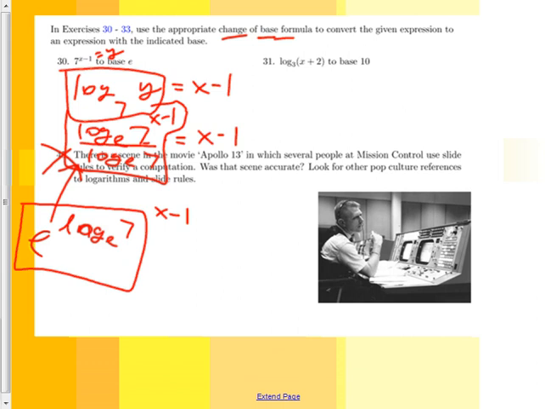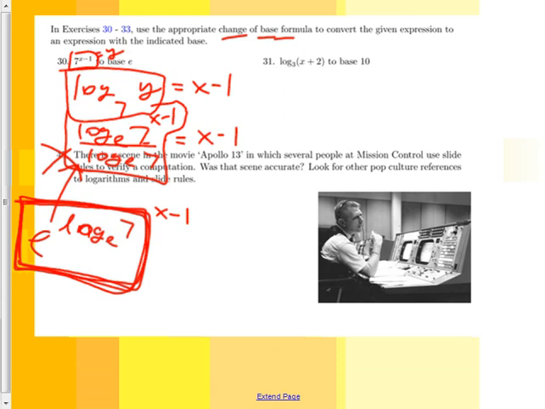Do you get what's in the box? What's in the box? 7's in the box. That's equal to 7, right? So 7 to the x minus 1. That's the original problem. And all he did was a fancy way to replace the 7 with a log, here, e to the log base e of 7.